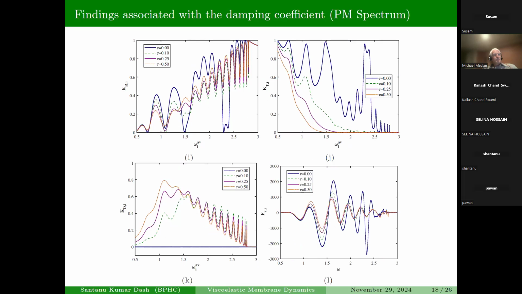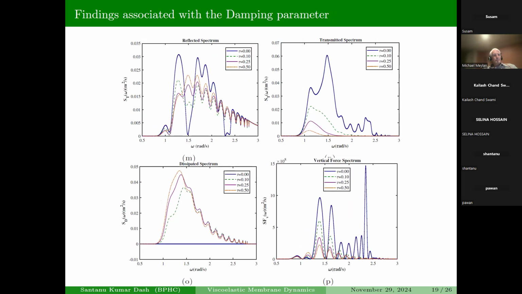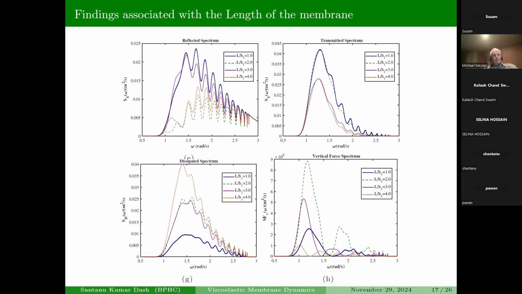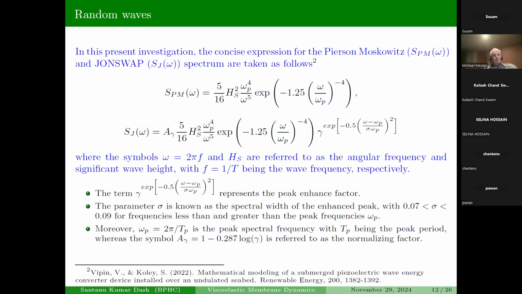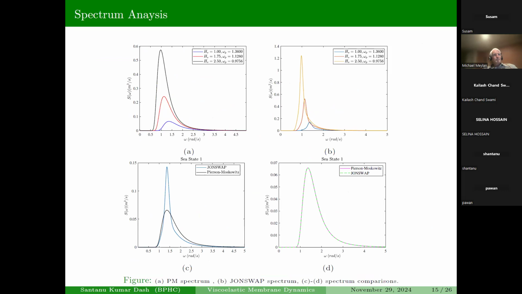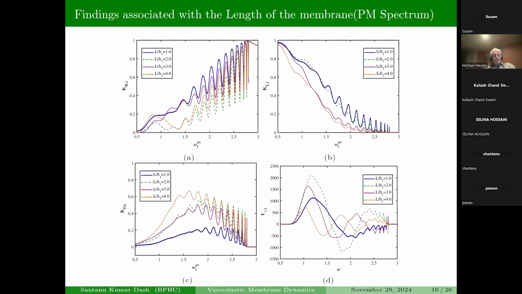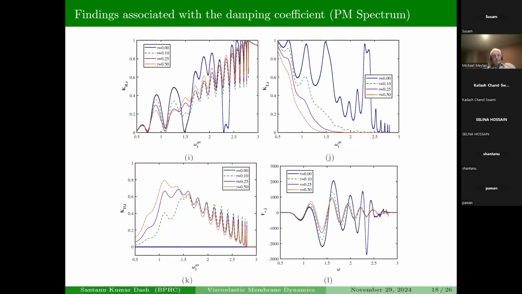The reason is that when we consider higher sea states, the effective energy distribution associated with the Pierson-Moskowitz spectrum, as seen in this figure, is comparatively higher compared to sea state 1. So as a result, more energy is distributed over that range. As a consequence, when we plot for an individual component, it will be higher for the higher sea state values.